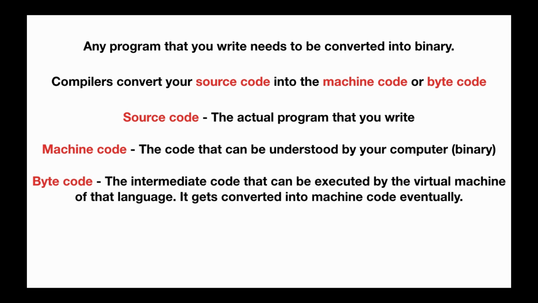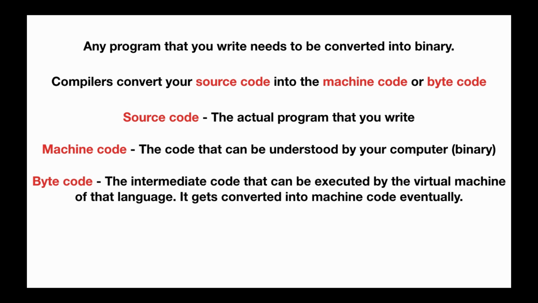So why are the compilers converting the source code into bytecode instead of directly converting it into machine code? Well, that's in order to improve the processing of your program, for memory management and all that stuff. So it all depends on the features of that programming language.